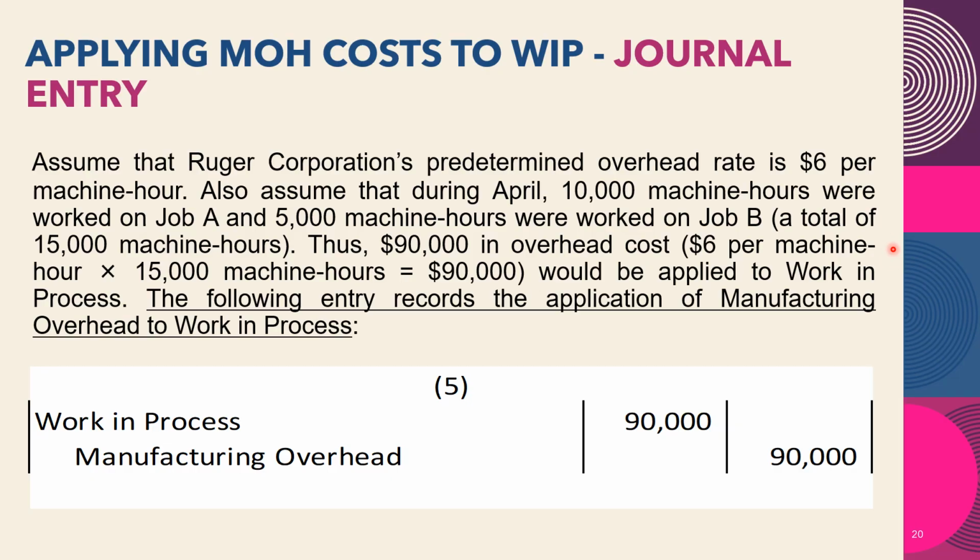Thus, $90,000 in overhead cost, which is $6 per machine hour times 15,000 machine hours. This $90,000 will be applied to work in process. The following entry records the application of manufacturing overhead to work in process. You debit work in process by $90,000 and you also credit manufacturing overhead by the same amount.